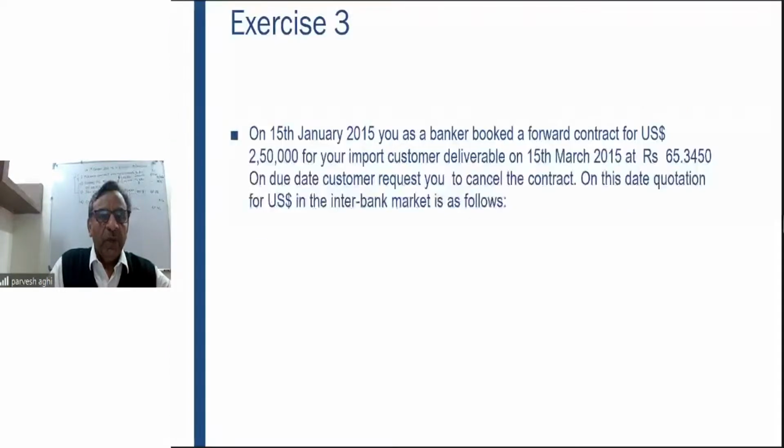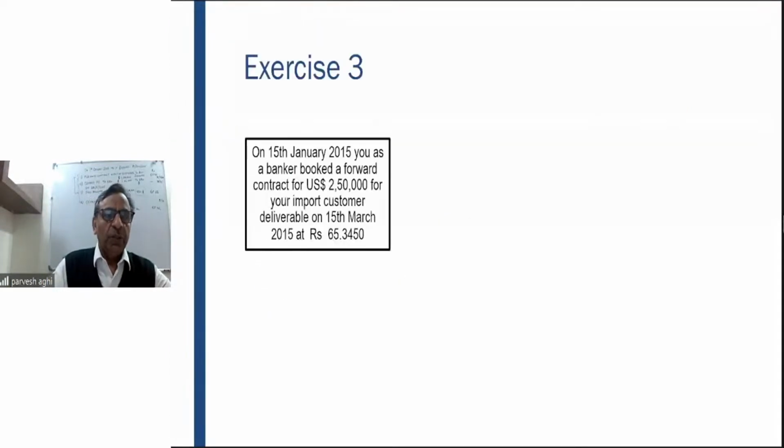So let's go to the third question. On 15th of January 2015, you as a banker booked a forward contract for US dollar 2,50,000 for your import customer. The customer is an importer, so they need $2,50,000, deliverable on 15th of March.